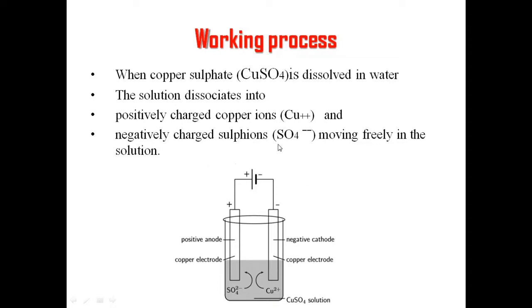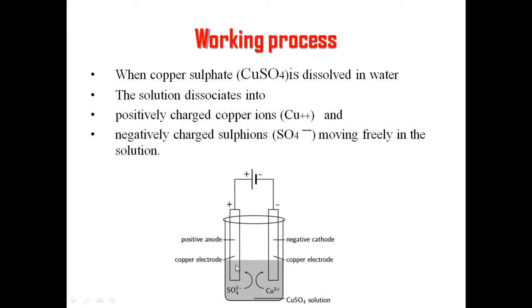These two ions will be moving freely in the solution. So when we dip two electrodes into it and connect a DC supply, there will be a flow of current. The positively charged copper ions move towards the cathode, and the negatively charged sulfate ions, SO4, will be attracted towards the anode.